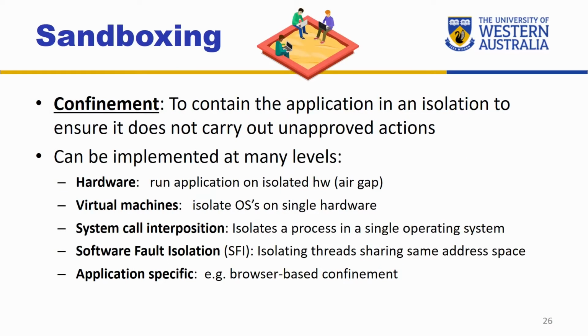The confinement is to contain the application in isolation and make sure that it does not carry out unapproved actions, especially onto the places where it shouldn't be doing stuff, like into the memory spaces or in the privileged files, etc.